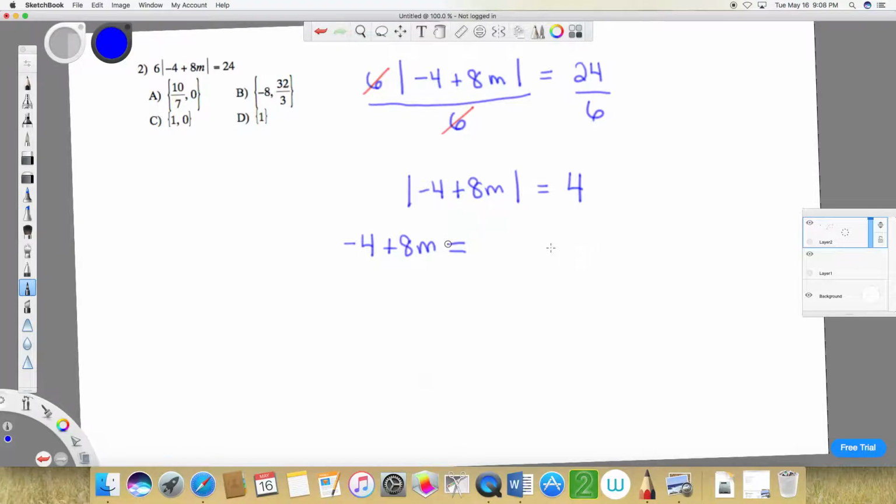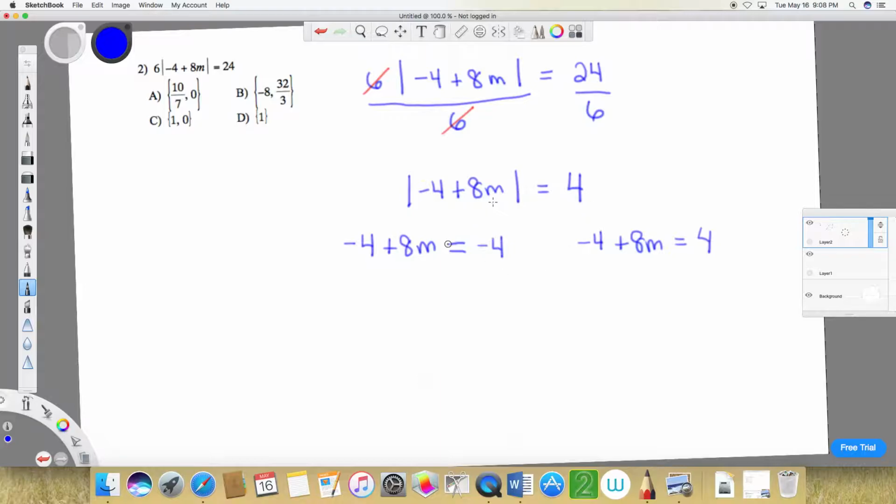It could be that negative 4 plus 8m represents the number negative 4, because if you replace negative 4 plus 8m with negative 4, it'd be a true statement that the absolute value of negative 4 equals positive 4. Now, there's another possibility. What if negative 4 plus 8m equaled positive 4? The absolute value of positive 4 also equals 4.